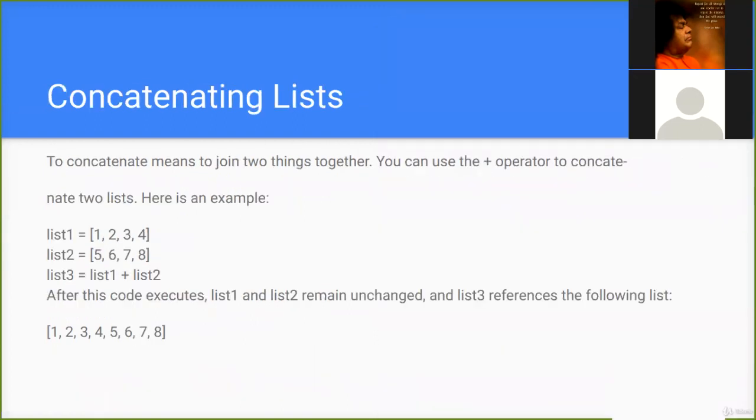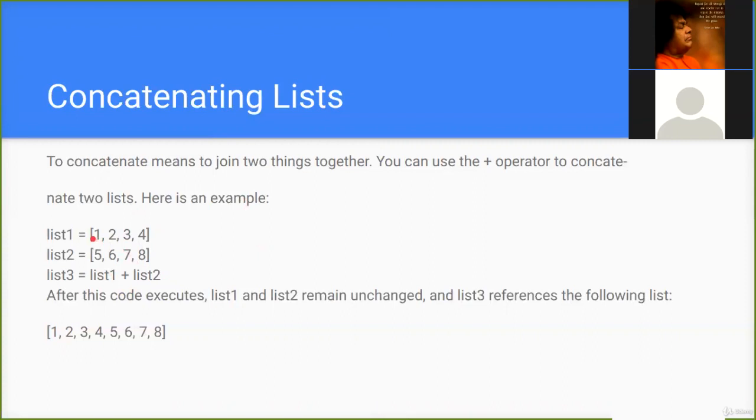Now let us move on to the concept of concatenating two lists. Concatenating simply means that you can join things together. How that actually happens is you can use the addition operator. We had also seen the multiplication operator, which is the repeater operator. Now, this is a concatenating operator, which means the addition.